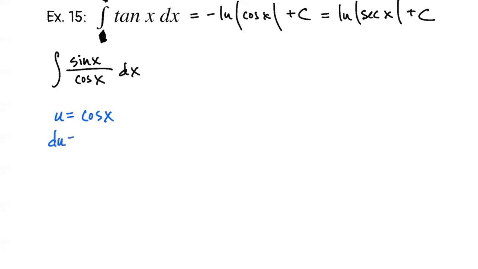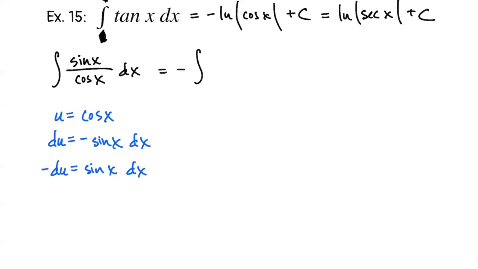If I find my du, I get negative sine x dx. I see a sine x dx, but not a negative, so let me bump that -1 to the other side. Let me make my substitutions.